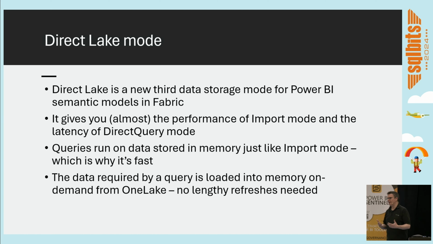So what the clever people on the development team worked out was that what we can do to page that data in super quickly is read the data in the Parquet files, which happens to be in a very, very similar format to the format that we need for import mode, and we just change it on the fly to the format needed for import mode.